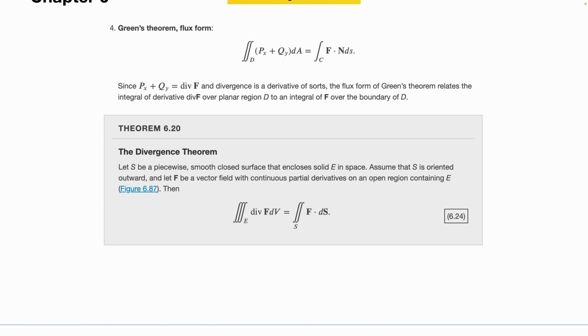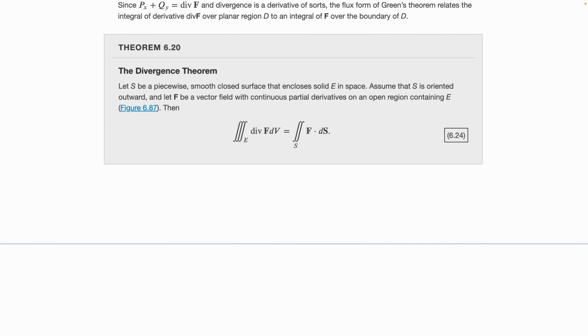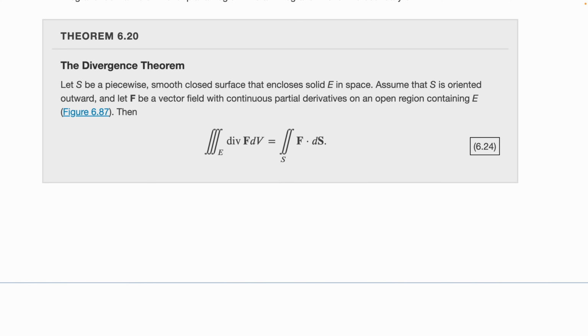So here it is. Let's write it down, and let's start on the right-hand side. Then we have a surface integral. That surface S needs to be a nice surface, so it needs to be smooth, or if it's not smooth, at least piecewise smooth.